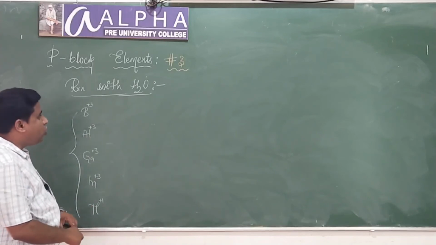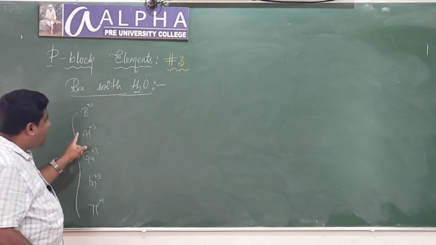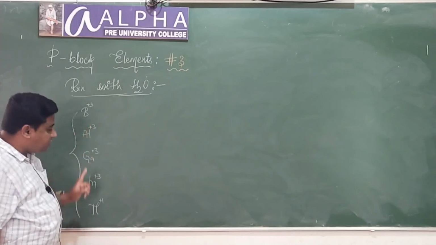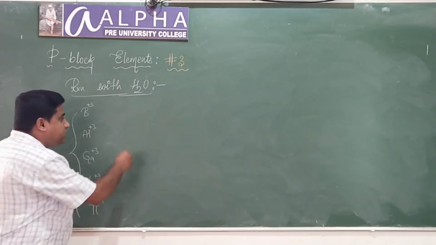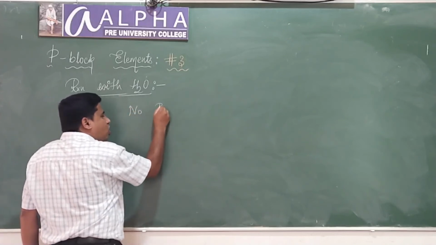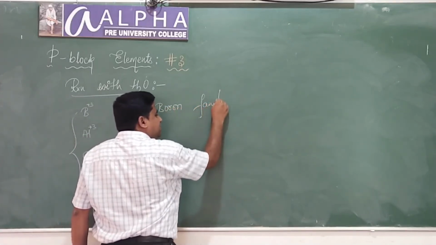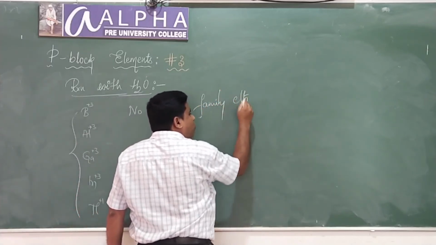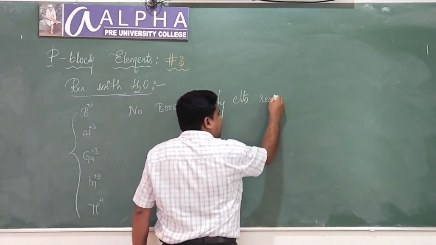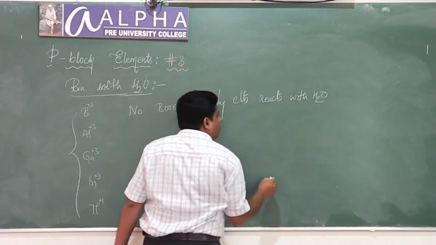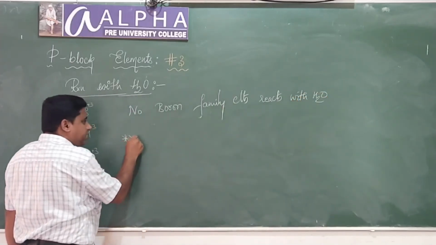Boron does not react with water, aluminum does not react with water, gallium does not react with water, indium does not react with water, and neither does thallium. No boron family elements react with water. There is an exception here.